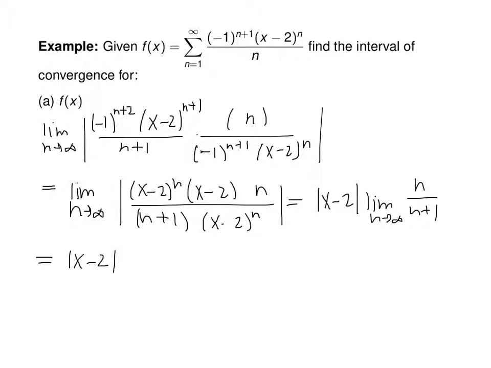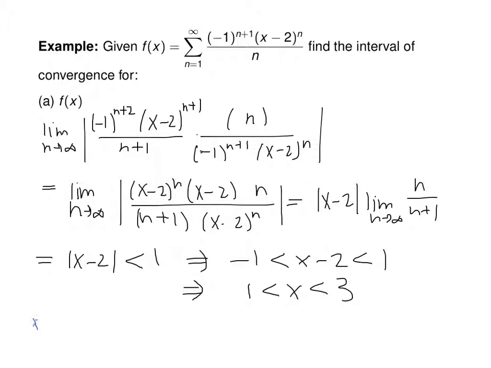So that must be less than 1, which implies that negative 1 is less than x minus 2, which is less than 1, which then implies that 1 is less than x, which is less than 3. So now we just need to test x equals 1 and x equals 3.